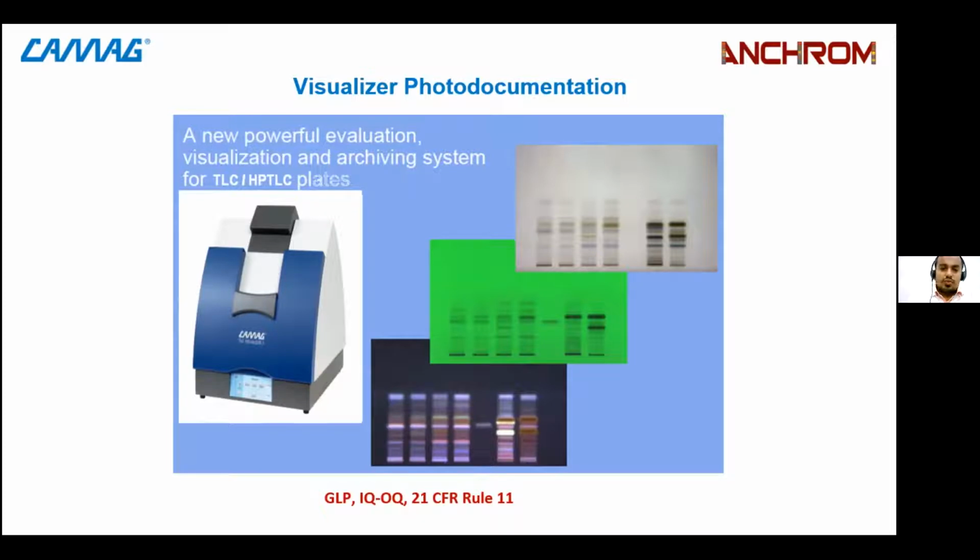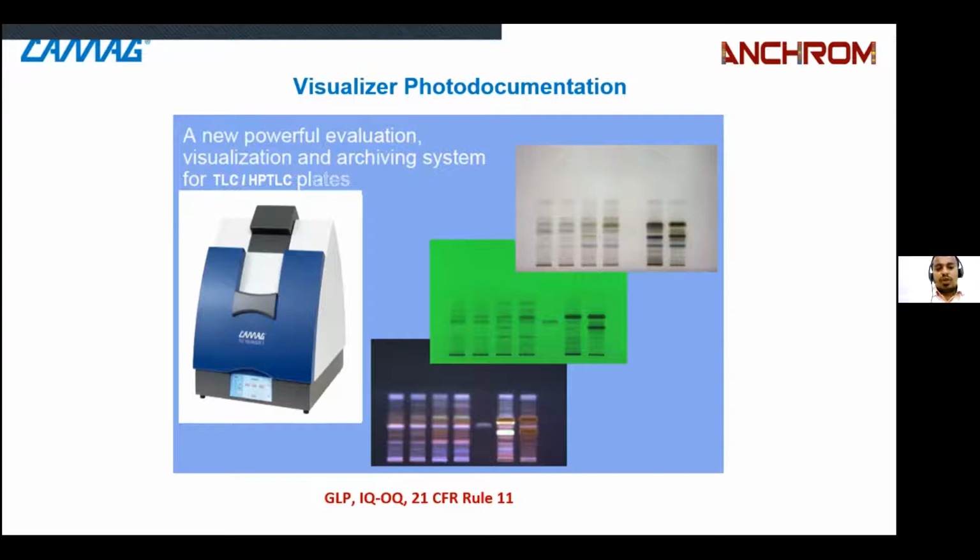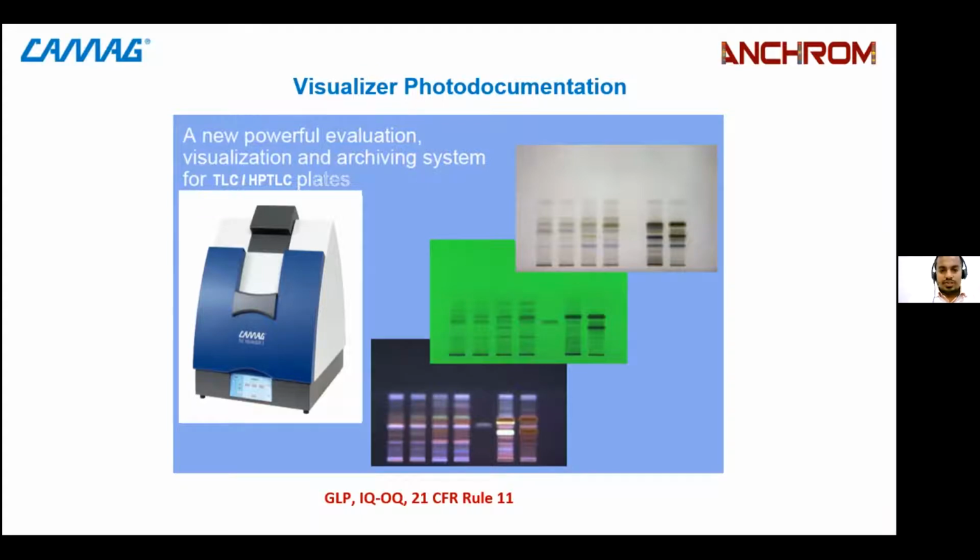There is a slit to observe the plate under this light, and it is also software controlled. You need to give the command through software, and it will capture the images automatically, and this image will be stored for lifetime. Whenever you want, you can use this data for further analysis.